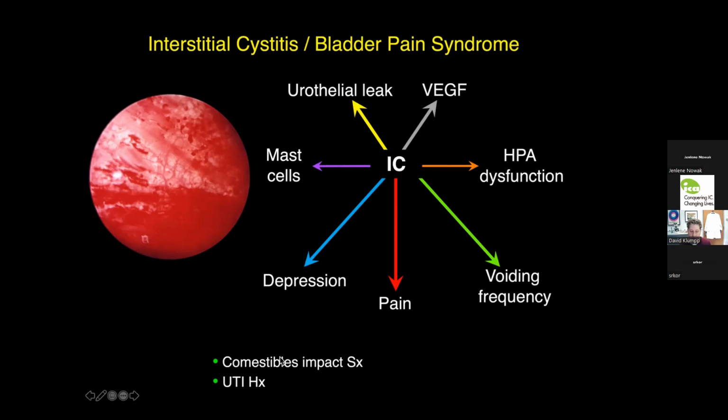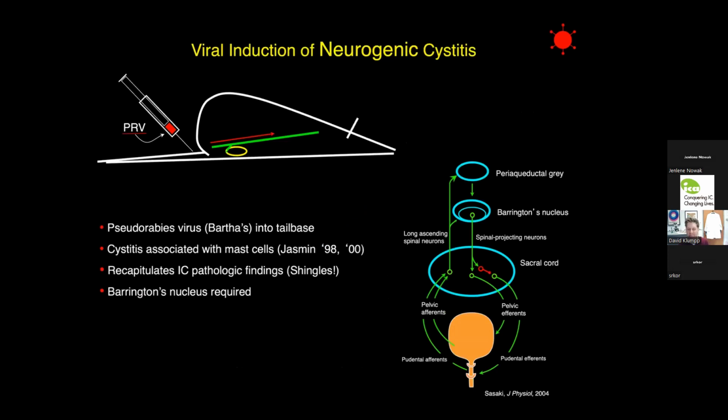There have also been a number of publications of a history of UTIs in patients, and we'll see some examples of how that biology may come about. And then more recently, there's a sense that there's an altered microbiome, particularly in the gut of IC patients. All right, I'll be talking about that. So, a little bit about innervation of the bladder.